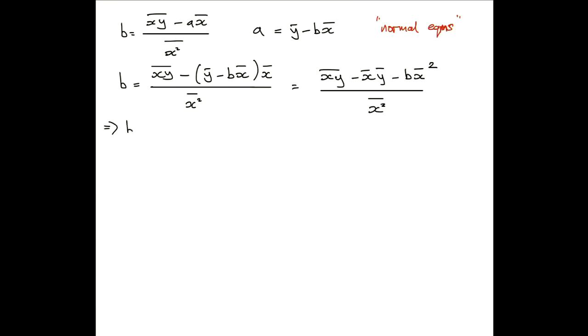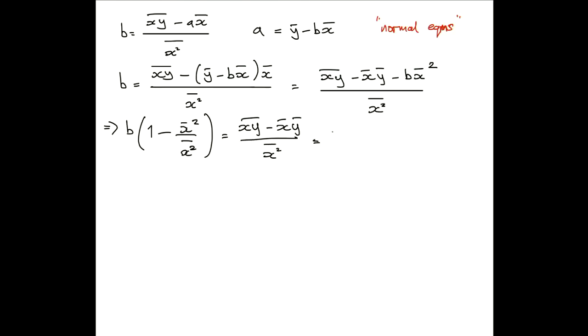With some algebra we can write this like 1 minus x bar squared over x squared bar, and then we get this thing here, xy bar minus x bar y bar over x squared bar.